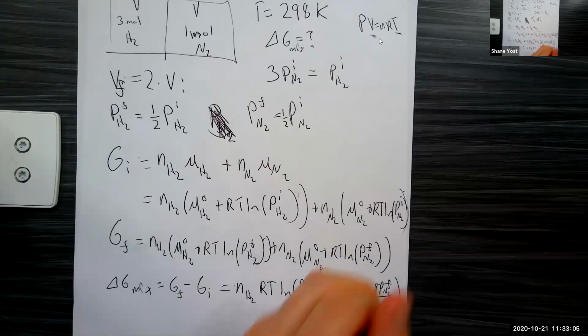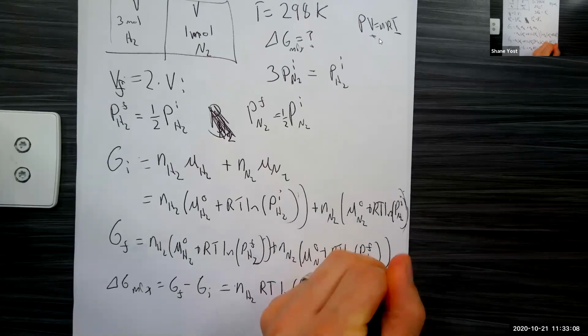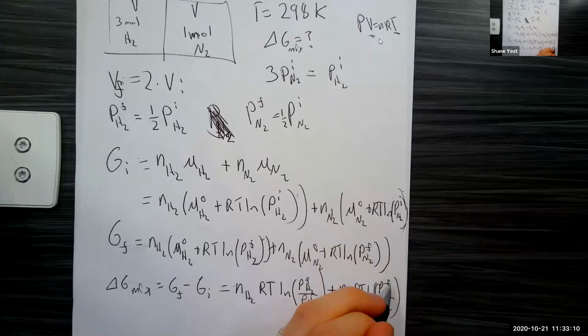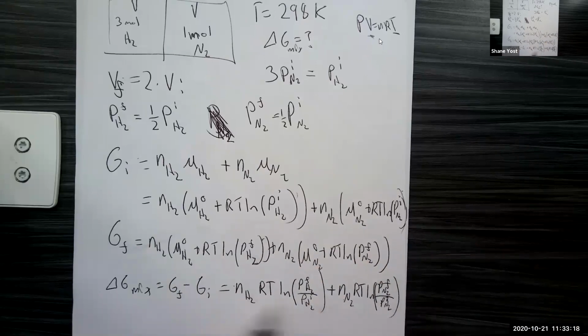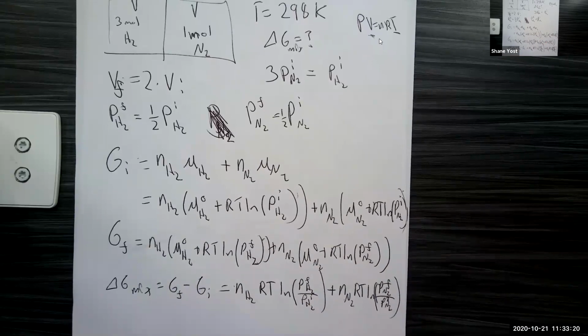Sorry, my handwriting is not the greatest, but that's initial pressure and final pressure of N2, and initial pressure and final pressure of H2, and then just multiplied by their number of moles.